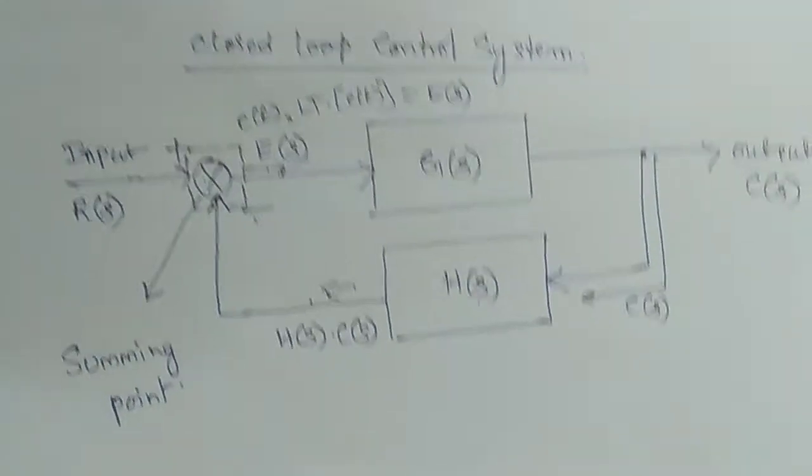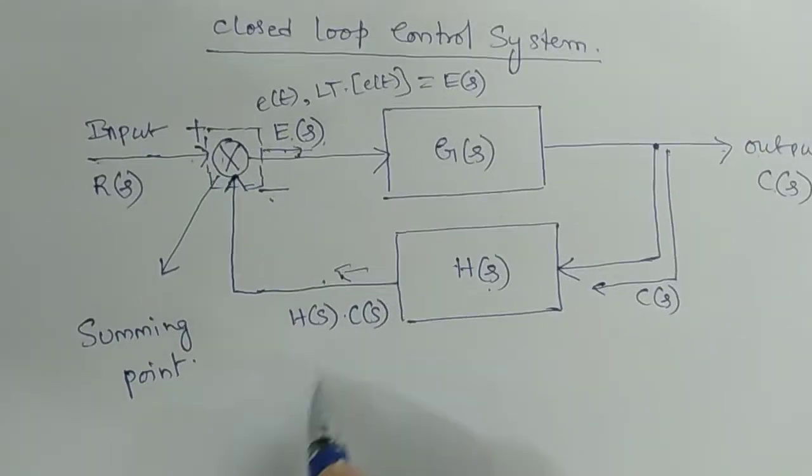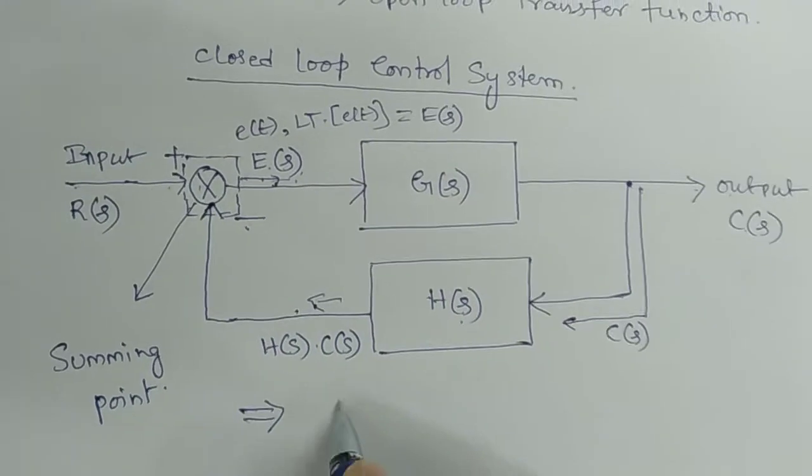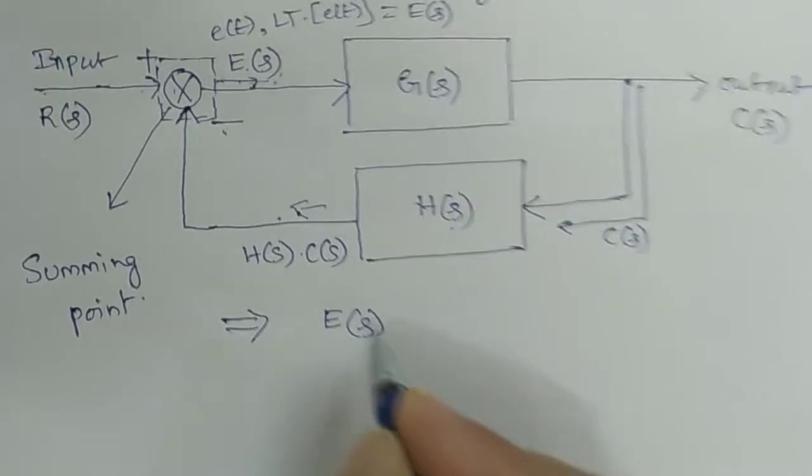That's why I have represented E(s). Now, as you have seen in our last class, in the same way you derive the expression. You write the E(s) expression. What is E(s)? E(s) is equal to what?